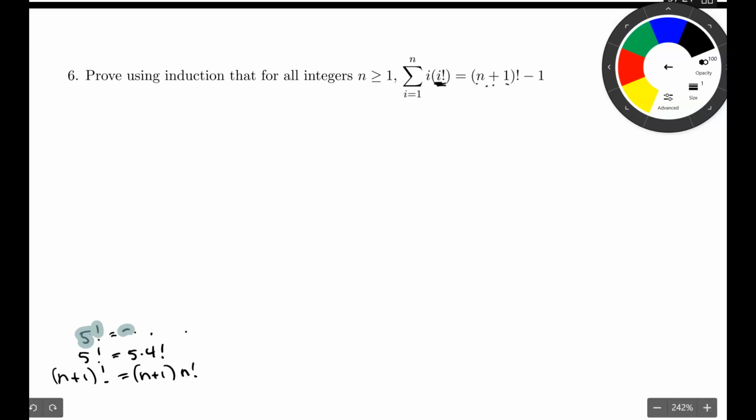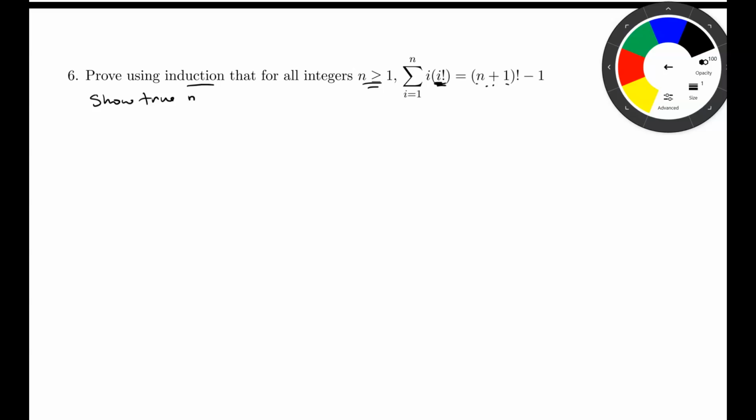All right, let's get rid of that so I have room, because these induction proofs take a little space, don't they? All right, so let's dig in. Prove using induction for n bigger than or equal to 1. So let's show true. Make sure you're writing these words. I'm showing true for n equal to 1.